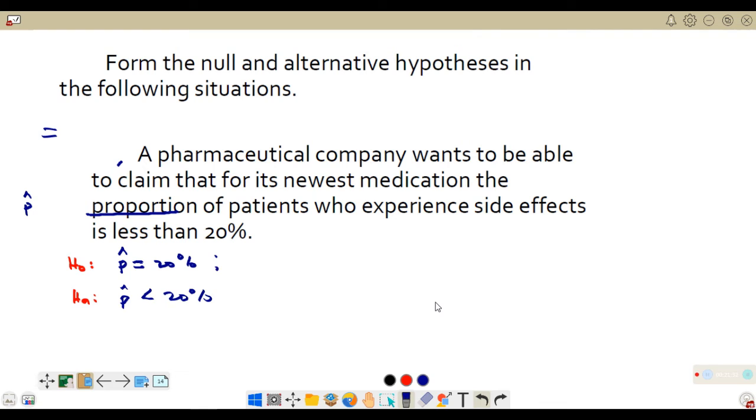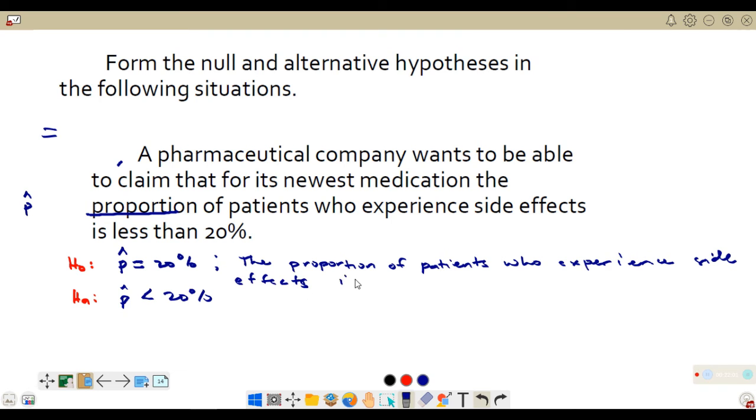So, dito, in sentences, pwede natin siyang sabihin as the proportion of patients who experience side effects is 20%.